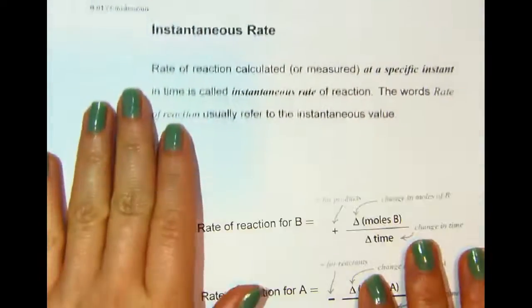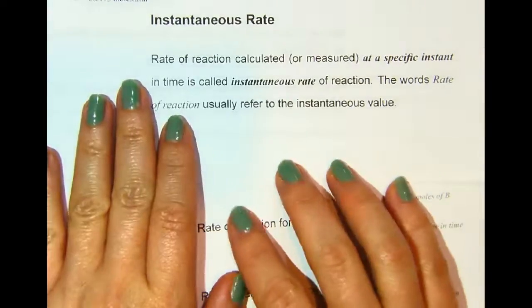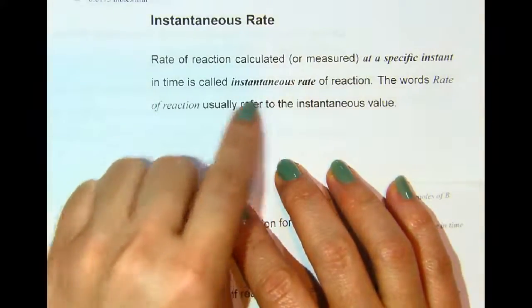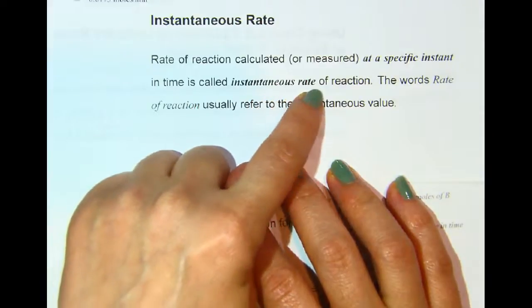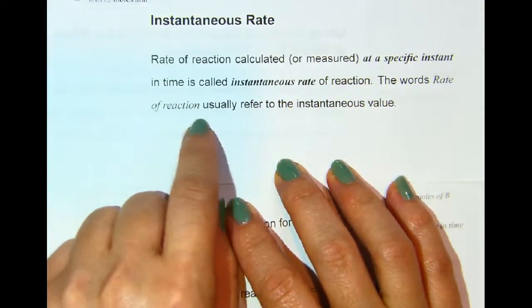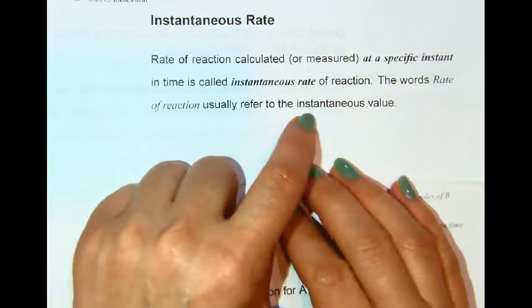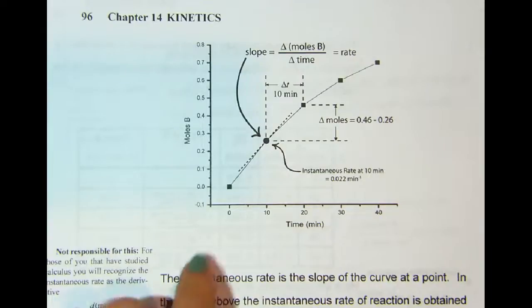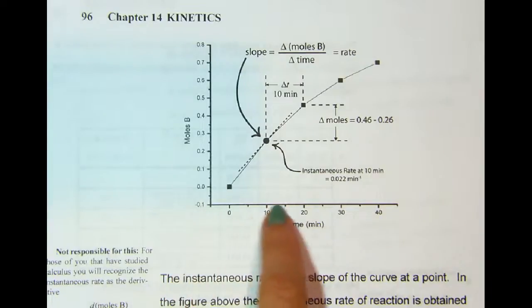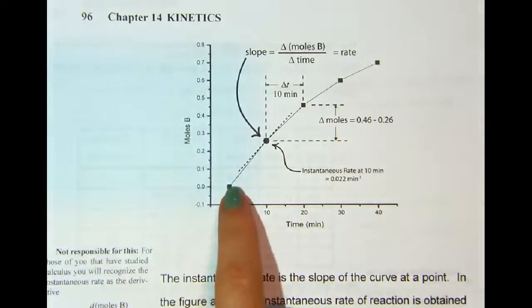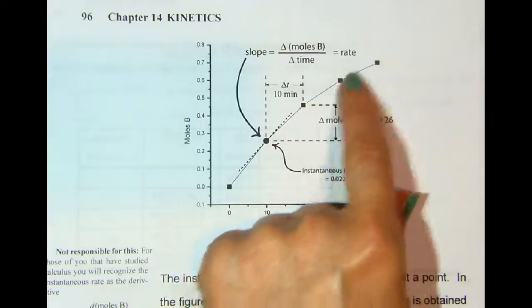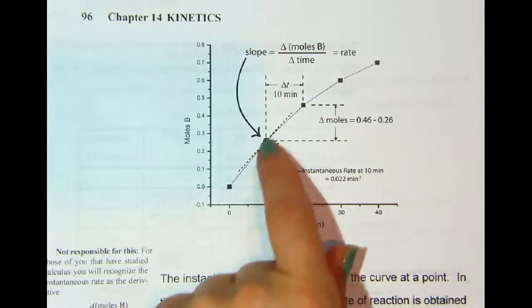An instantaneous rate is the rate of a reaction calculated or measured at a specific instant in time. The words rate of reaction usually refer to the instantaneous value. If we look at this graph, we have time versus the moles of our product. Over time, you can see how the reaction is proceeding.